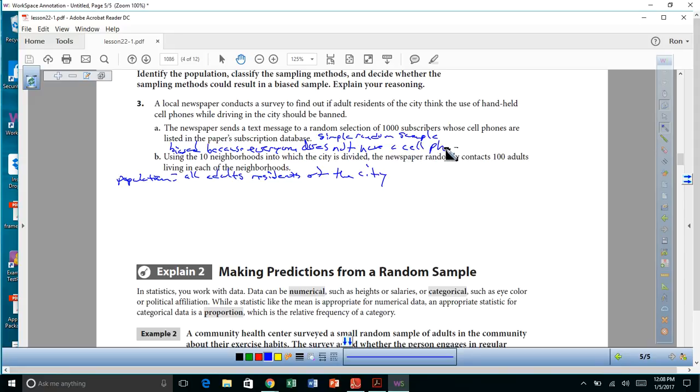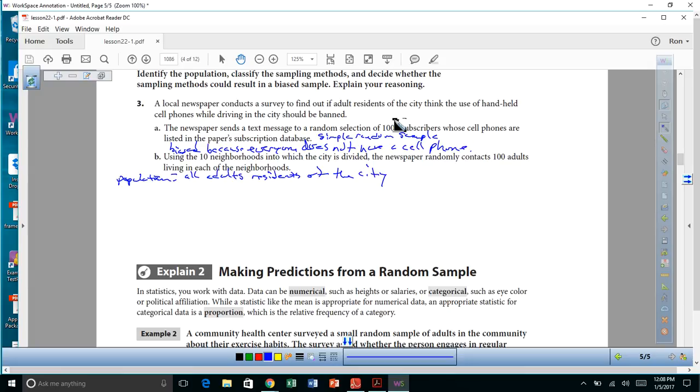I know y'all are thinking that, but it might be hard to believe, actually everybody doesn't have a cell phone. Or do you think everybody gave their cell phone number to the newspaper? Maybe, maybe not. And they are left out of the survey.